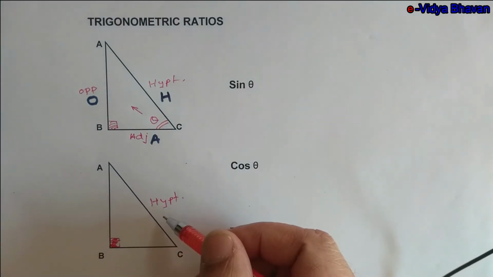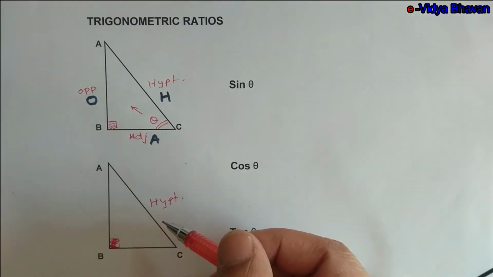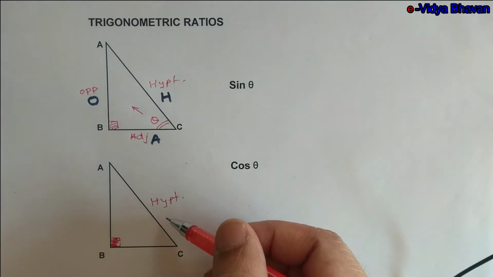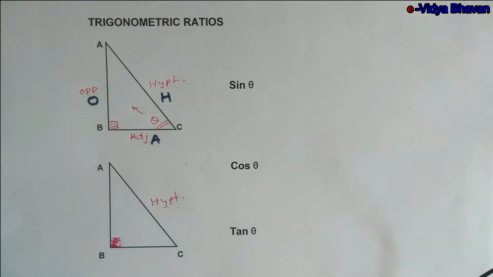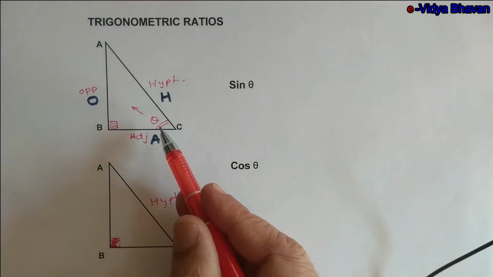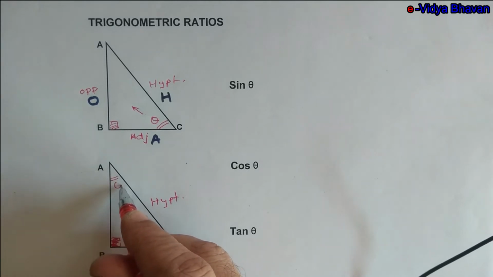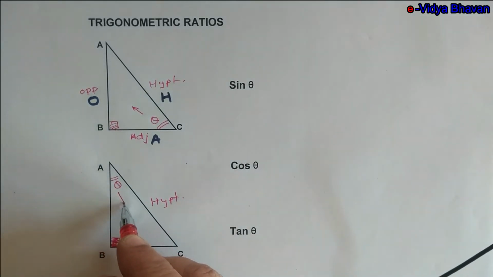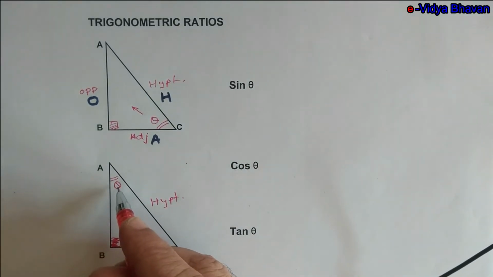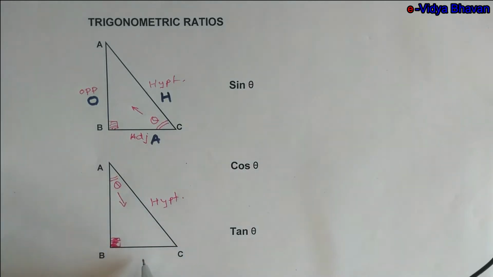So hypotenuse in the previous case and in this case remains the same, but if I change the angle, instead of writing theta here, if I take theta here, then the side opposite to this theta is here and this will now be termed opposite.